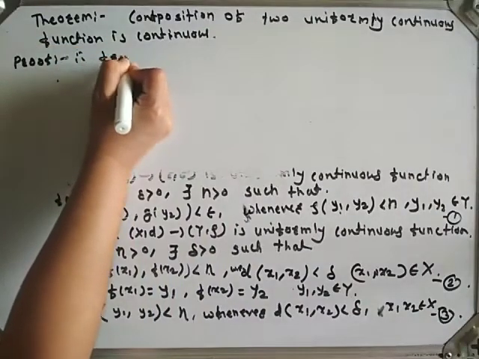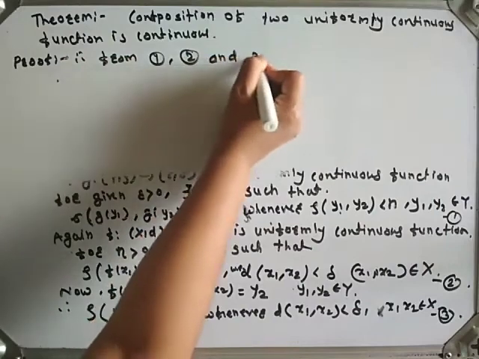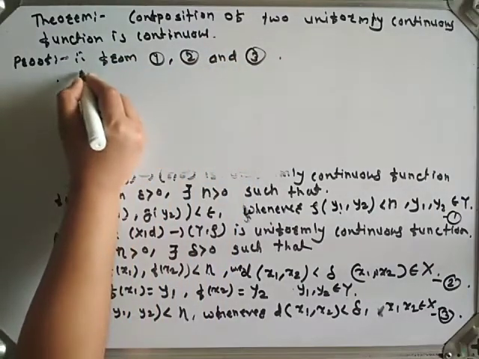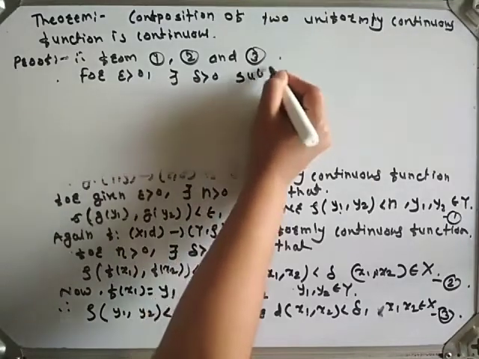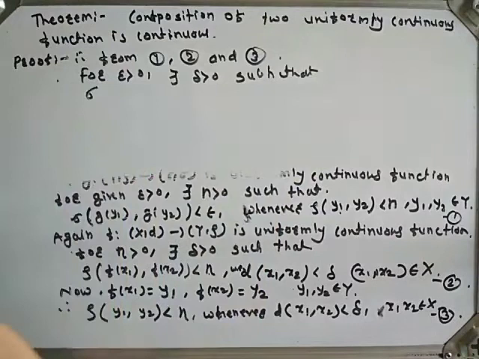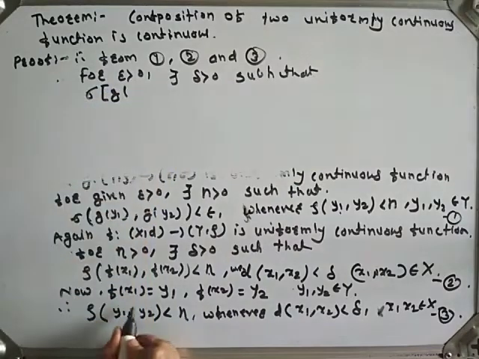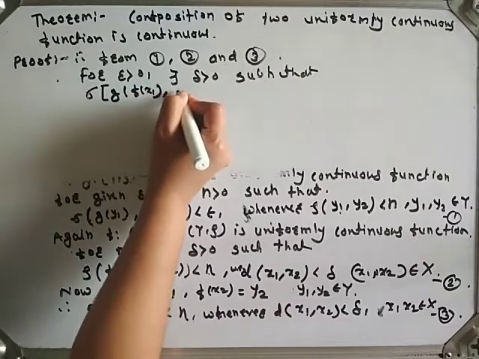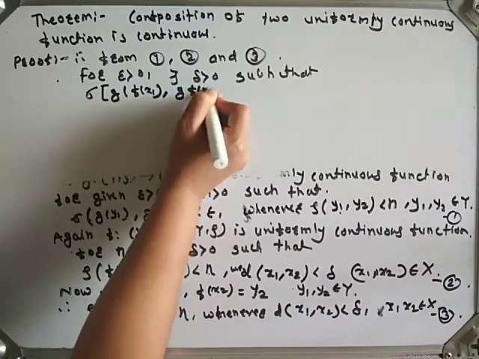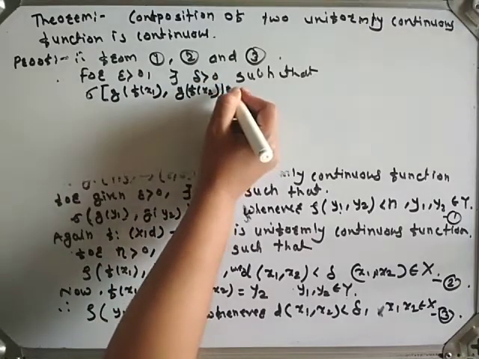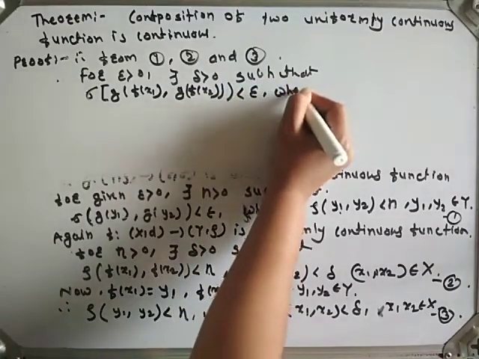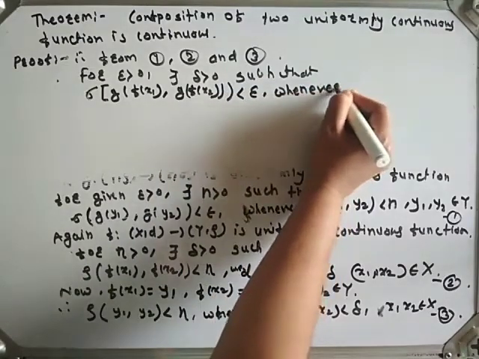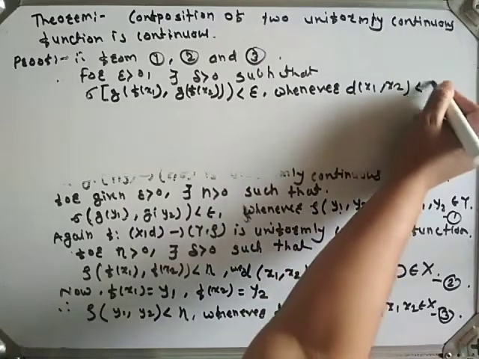Therefore, from 1, 2 and 3, for epsilon greater than 0, there exists delta greater than 0 such that sigma of g of f of x1 comma g of f of x2 is strictly less than epsilon whenever d of x1 comma x2 is strictly less than delta.